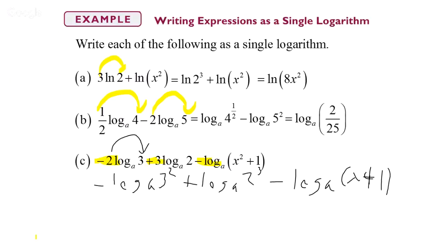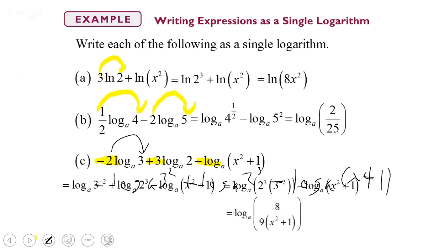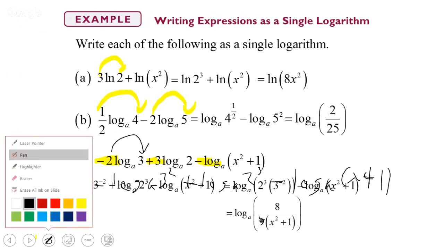And the x plus 1 has a negative, so it's going to be on the bottom. I know you can't see that. That's okay. That's going to be the final answer. So notice that the 3 squared, it's negative. It's a 9. It's on the bottom. Oops. That's what I wanted.